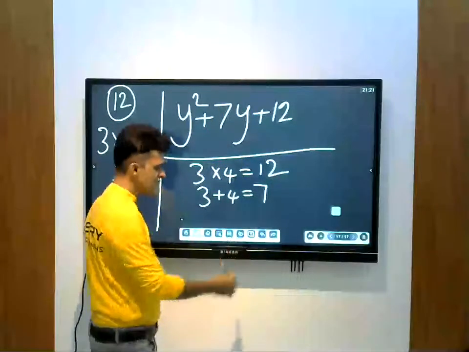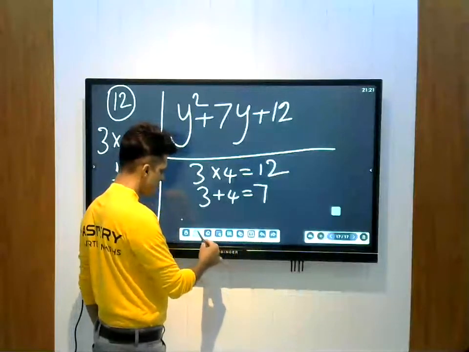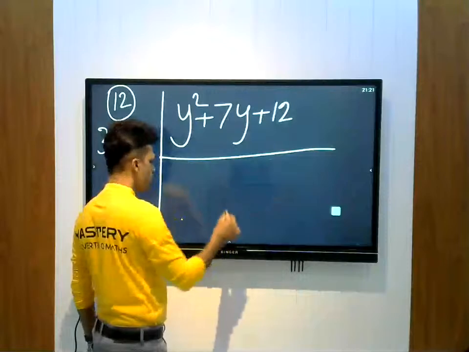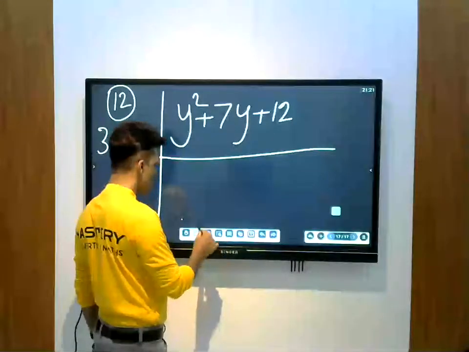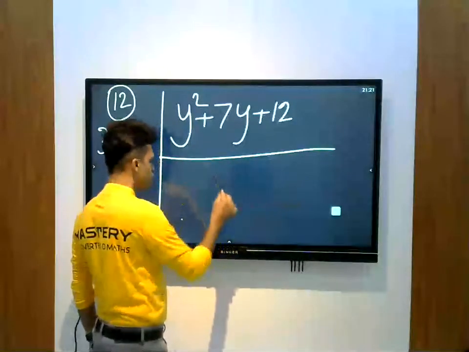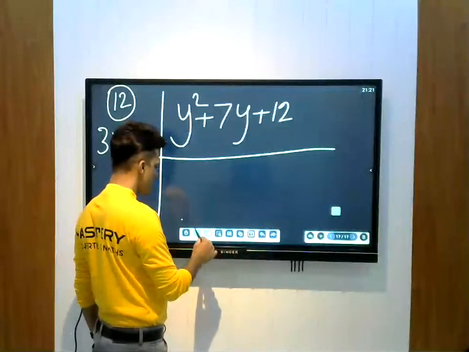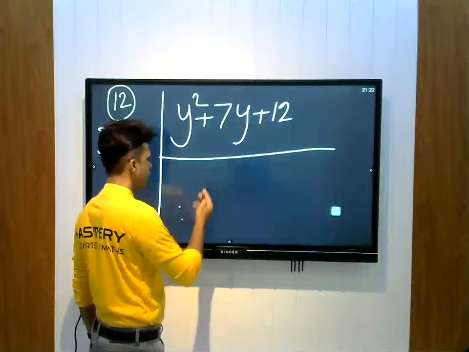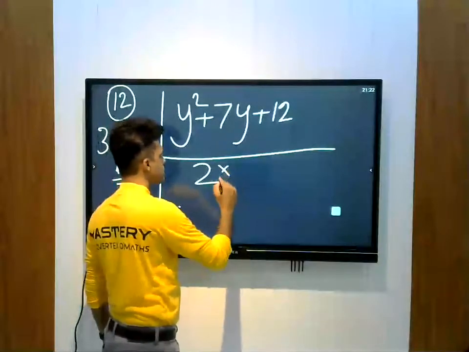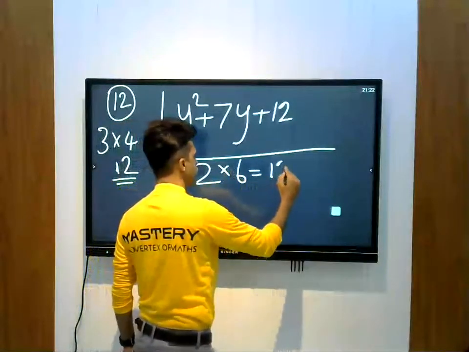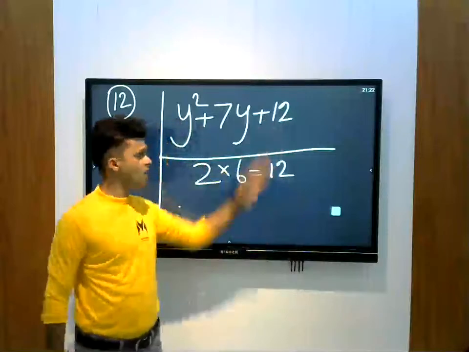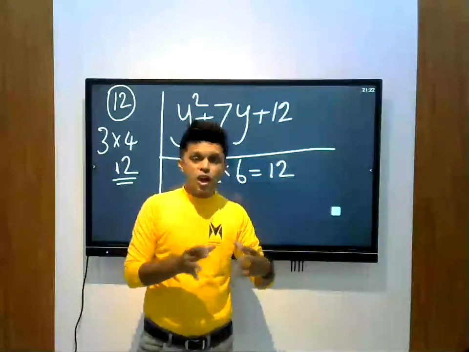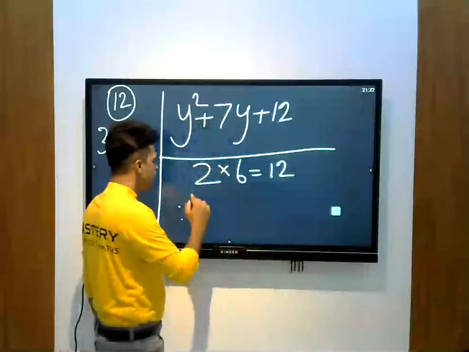Can't we take 2 times 6 also, which is 12? You know that 2 times 6 is 12. Can't we take these as the factors?